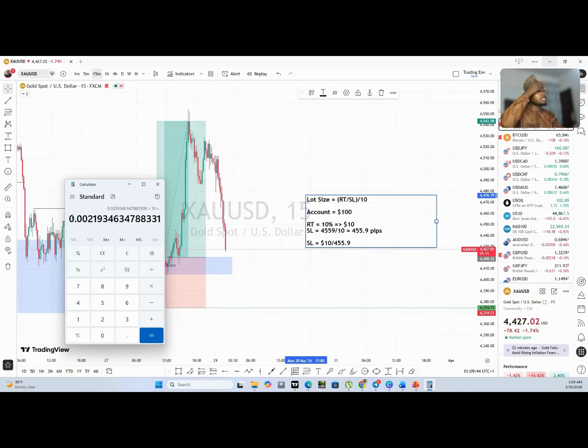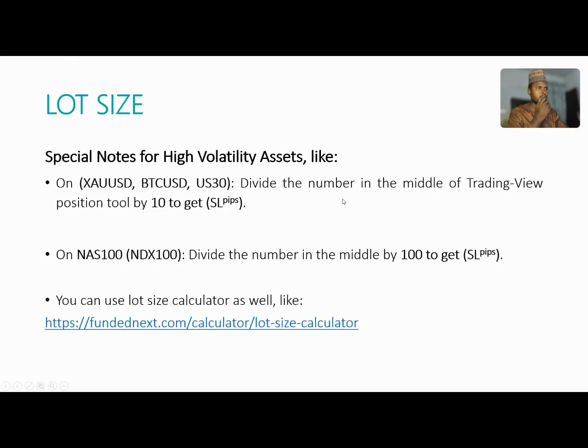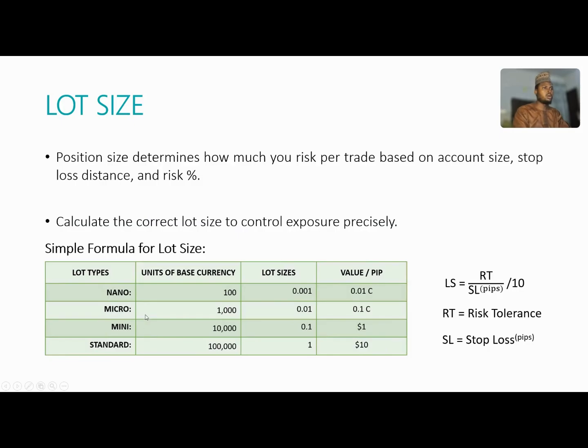That means $10 is not going to be enough for us to trade gold, because this is going to fall under which category? 0.002, which category? Nano.